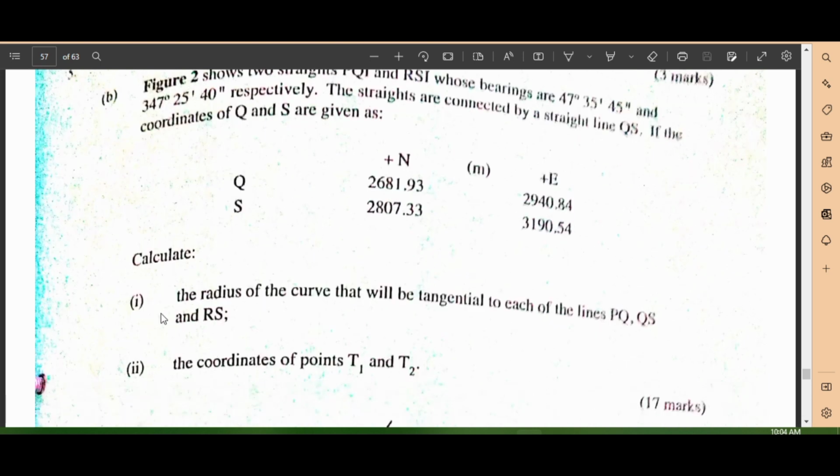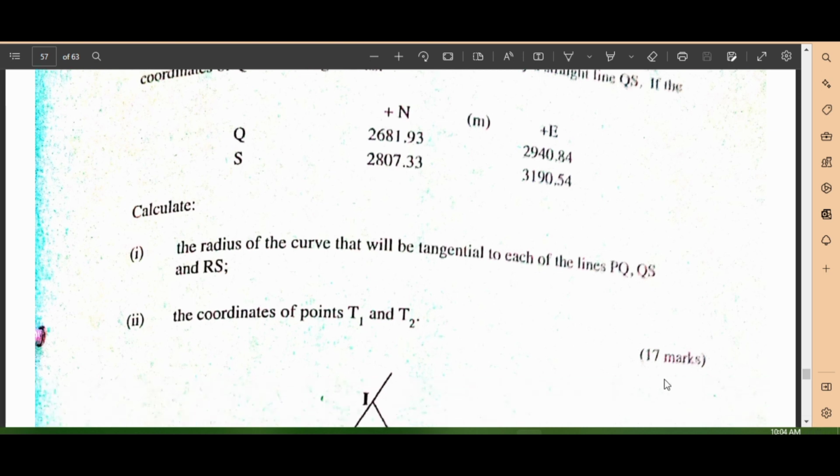The question goes: first, calculate the radius of the curve that will be tangential to each of the lines PQ, QS and RS. Second, calculate the coordinates of T1 and T2.